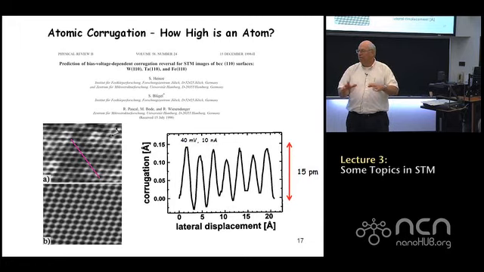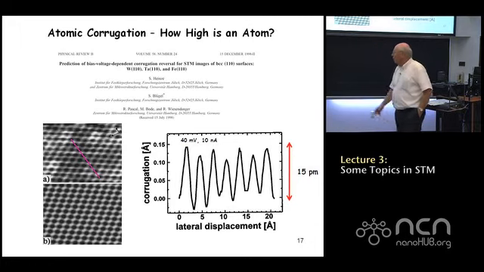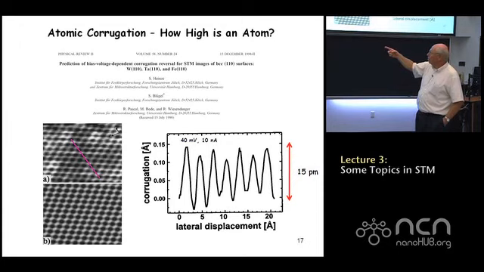And there wasn't much care given to understanding the height of the atoms in the STM images. It was more the periodicity that was the big thing. But as the field evolved, people started to want to know how high is the height of an atom in an STM image.